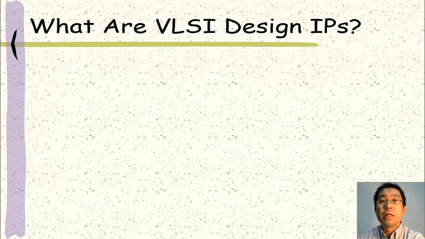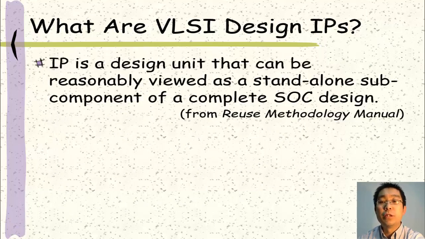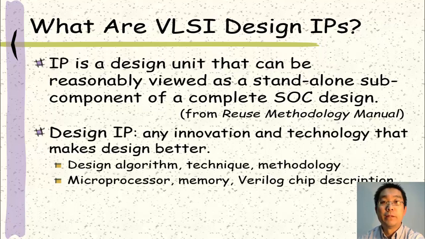In VLSI design, an intellectual property is a design unit that can be reasonably viewed as a standalone subcomponent of a complete system-on-chip design. It can be any innovation and a technology that make designs better. For example, a place and route algorithm, a power management technique, or a novel design or testing method.